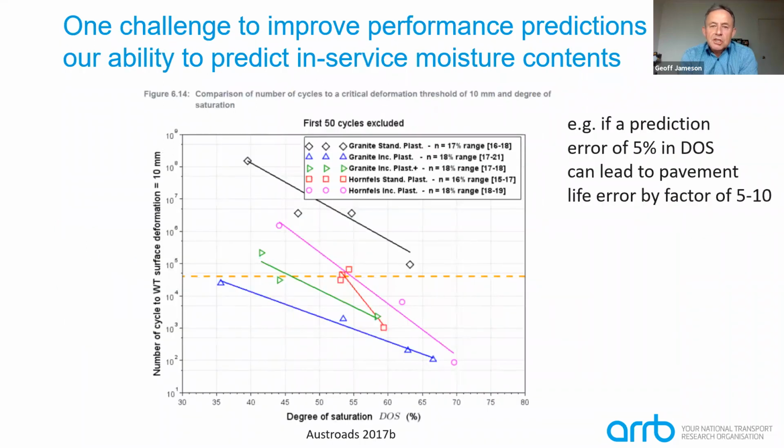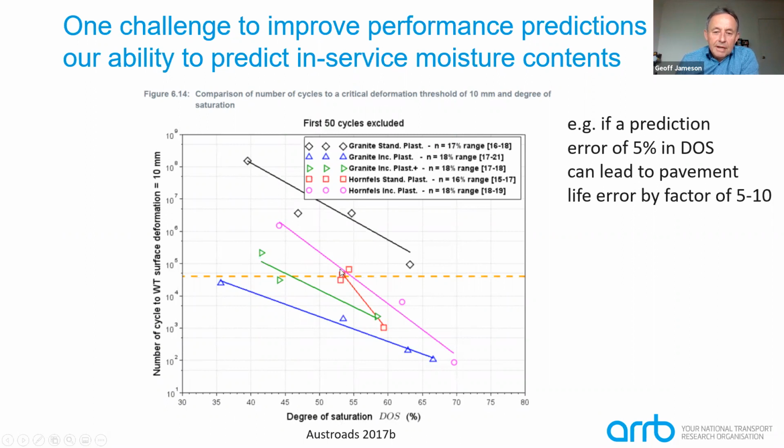But one of the challenges we have in this whole area is our ability to predict in-service moisture contents. You can see here the results from the wheel tracker tests in terms of the allowable number of cycles to a deformation of 10 millimeters versus the degree of saturation.